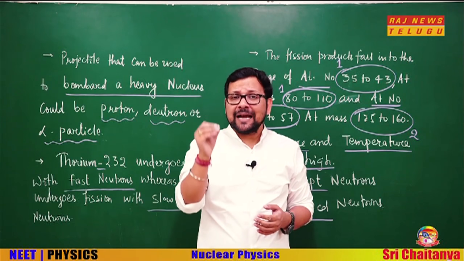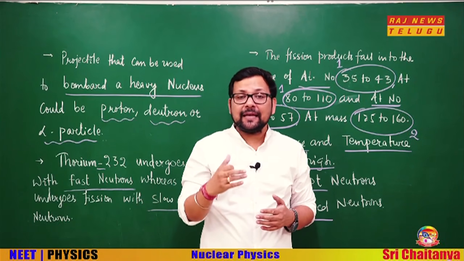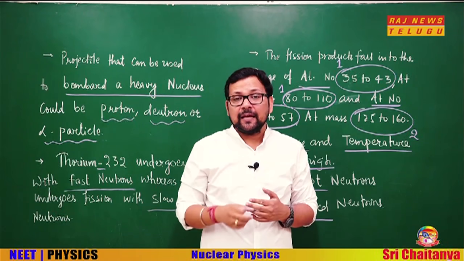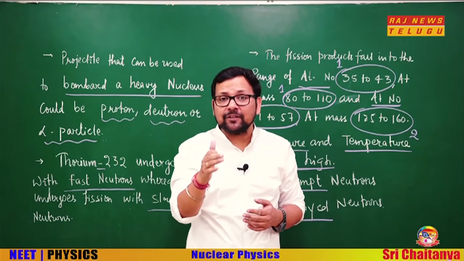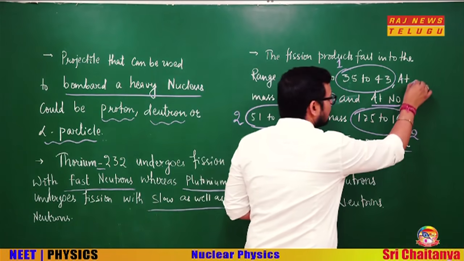More than 99% of these neutrons are formed and released in a time span of 10 raised to power minus 18 second to 10 raised to power minus 15 second. What is the data here?